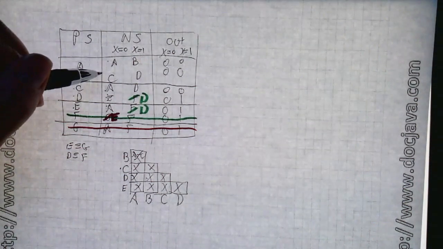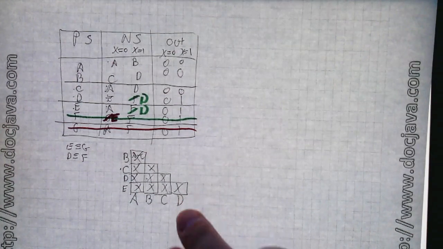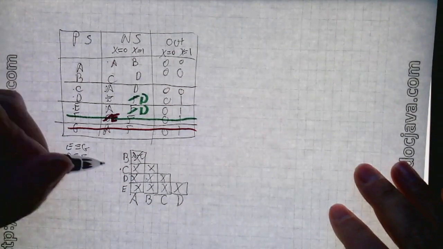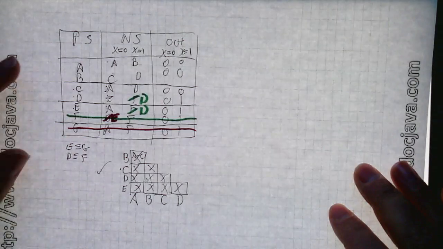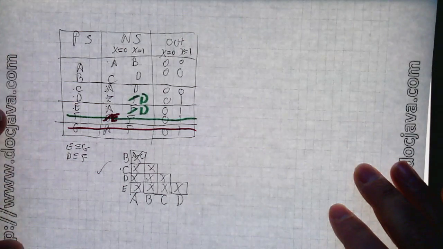I wondered about B being equivalent to C. We know B is equivalent to C if A is equivalent to C, but we know it's not. So at some level we don't have any further reductions available to us. And so now we have a proven minimized finite state machine, which is cool.